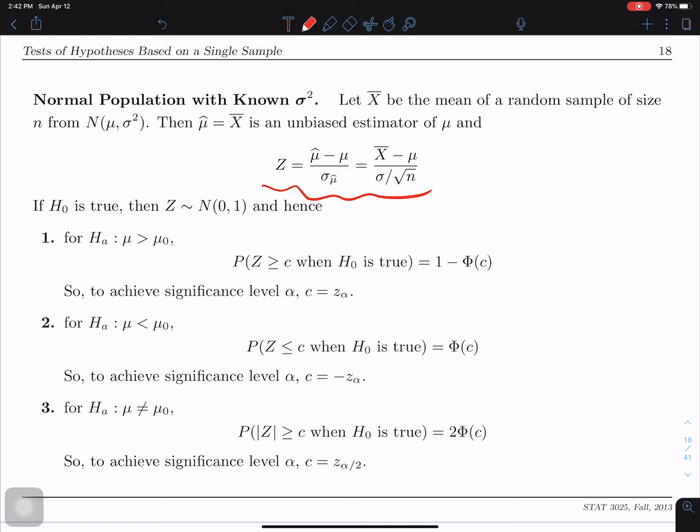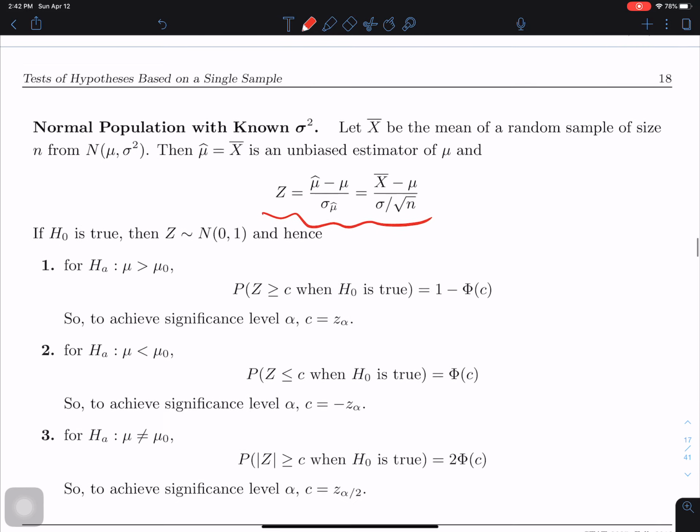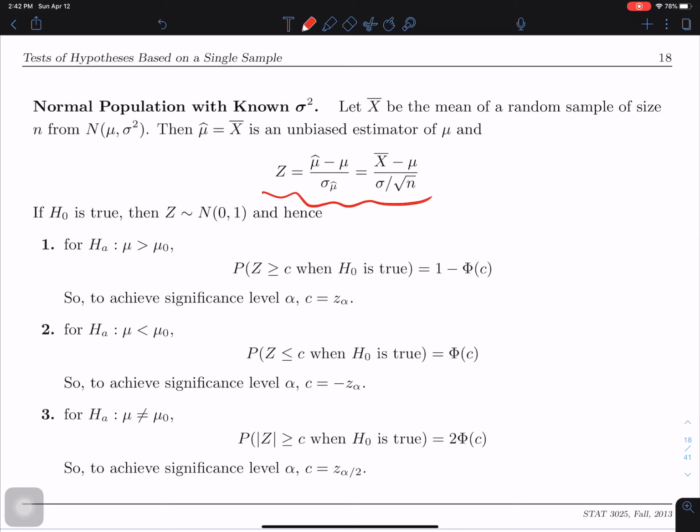And if H0 is true, then z follows a normal distribution with mean zero, the standard normal distribution.